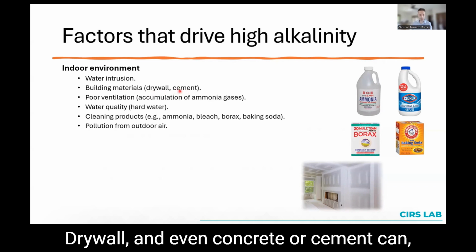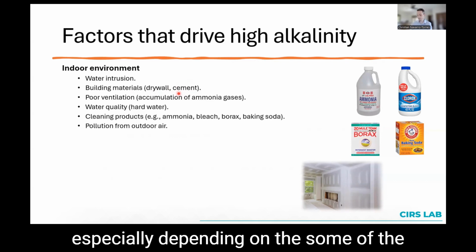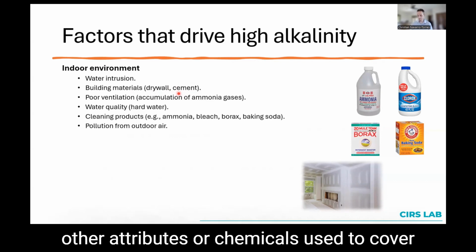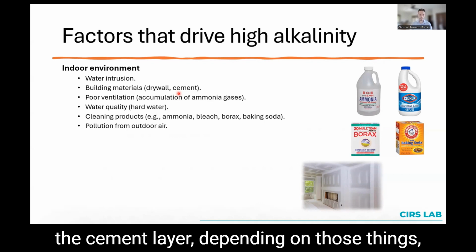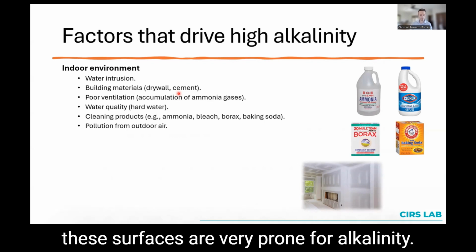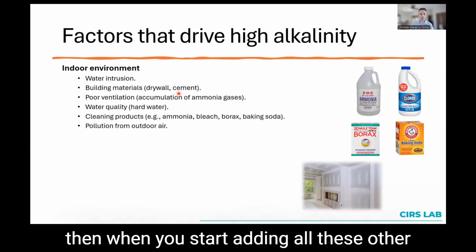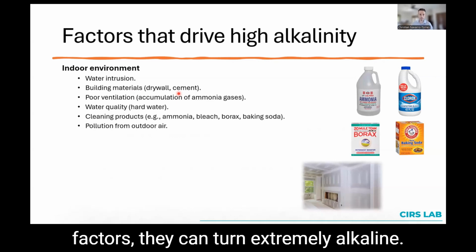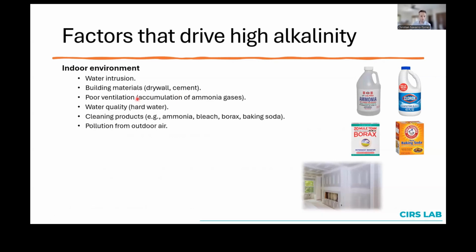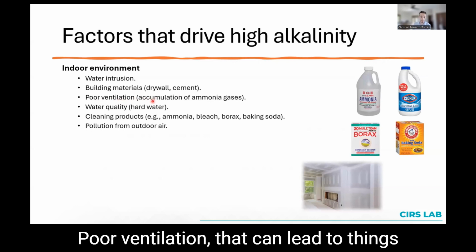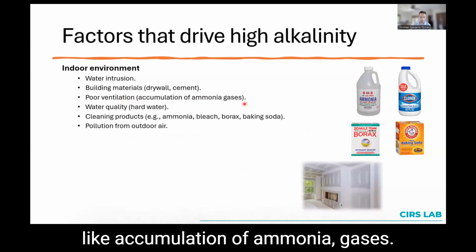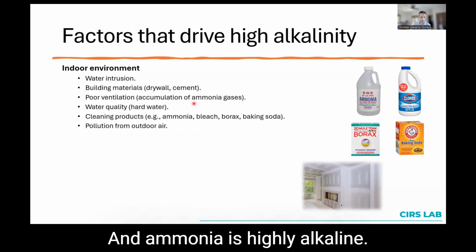Drywall and even concrete or cement can, depending on some of the other attributes or chemicals used to cover the cement layer, be very prone to alkalinity. They may at baseline be slightly alkaline, but when you start adding all these other factors, they can turn extremely alkaline. Poor ventilation can lead to accumulation of ammonia gases, and ammonia is highly alkaline.